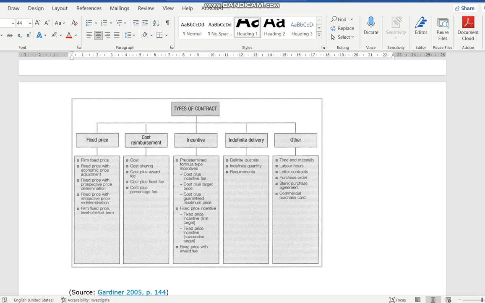Every part of the contract will be a smaller portion, and it can be long-term, matching more with things like strategic alliancing and partnering. But the first three that we are going to talk about are the usual ones that we see, which are fixed price, cost reimbursable, and incentive.